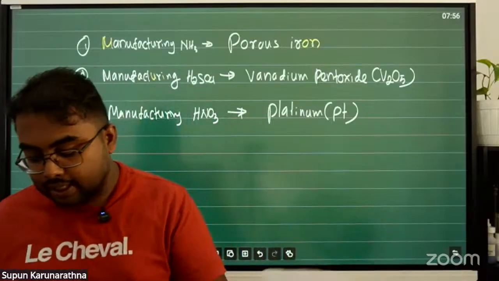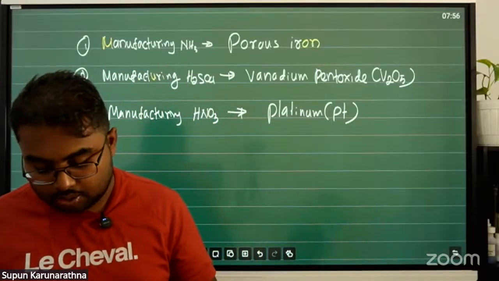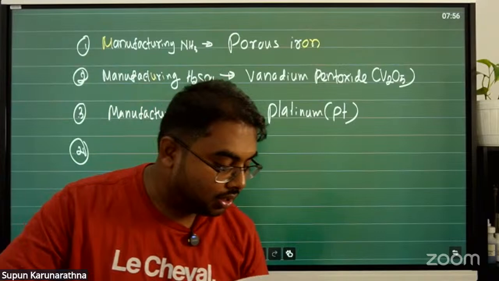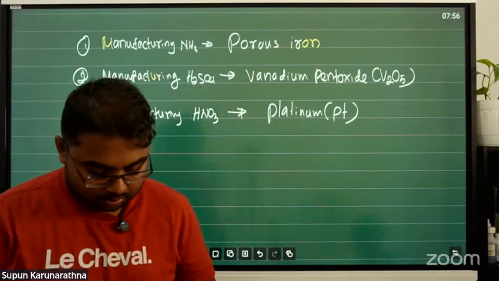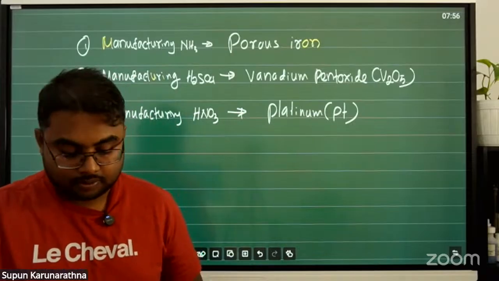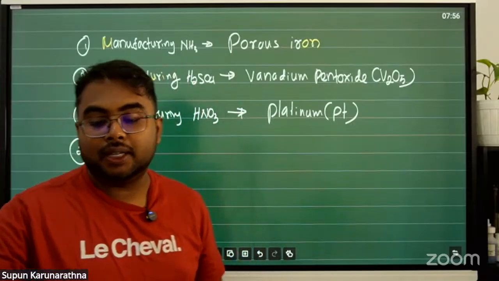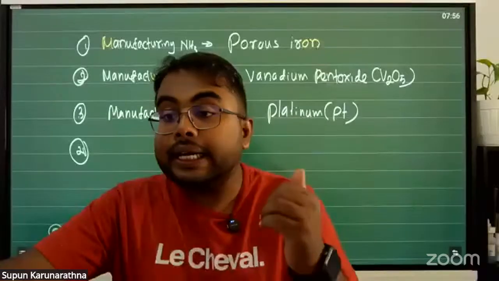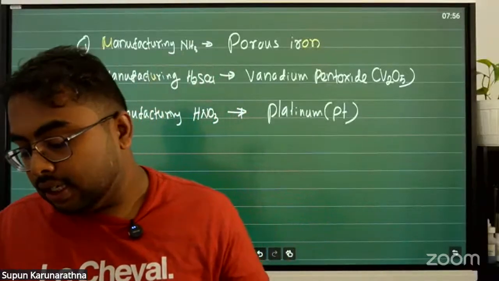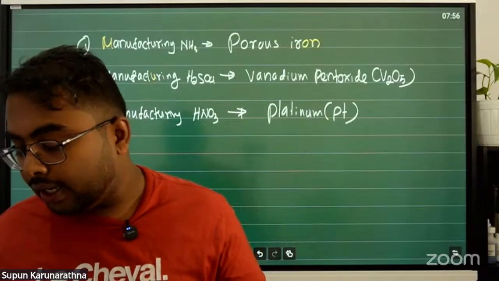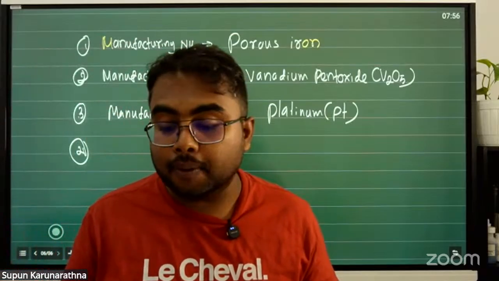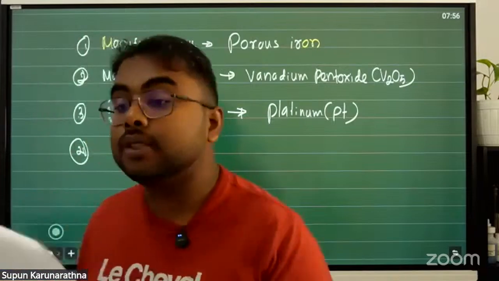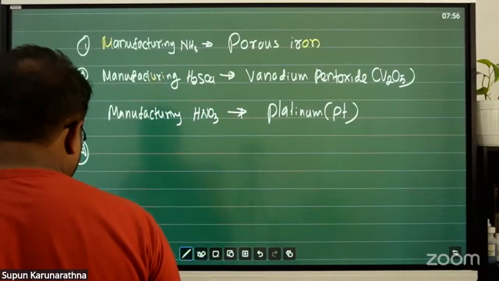We can use inhibitors as well. Inhibitors are substances that decrease the rate of a reaction. For decreasing the decomposition of hydrogen peroxide, we can use a few drops of sulfuric acid.